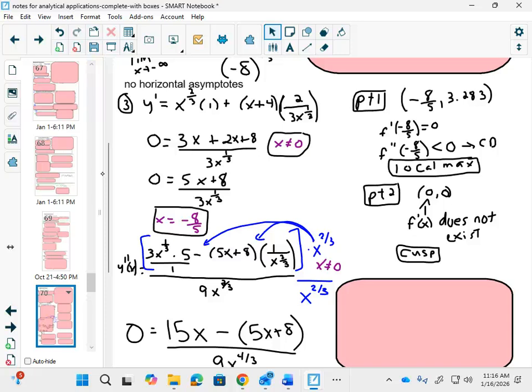A corner is if you did the slopes from either side, they might be different, but it's still a sharp point. And a cusp, the derivatives on both sides go to positive infinity or something like that, or negative infinity. So they're the same, they technically join to the same thing, even though it's still a sharp point.